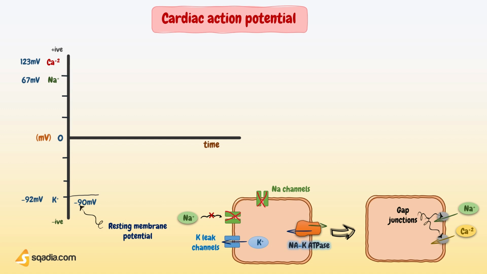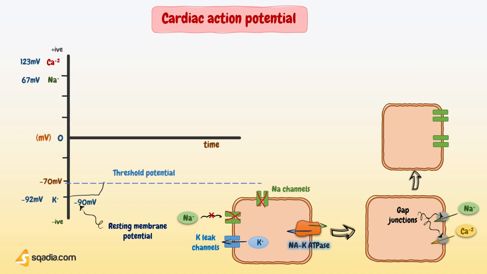Although this leakage is very negligible, over time it starts to increase the potential inside the cell, and quickly it reaches up to -70 millivolts. We can plot it in the graph, moving in an upward direction. This point is called the threshold potential.